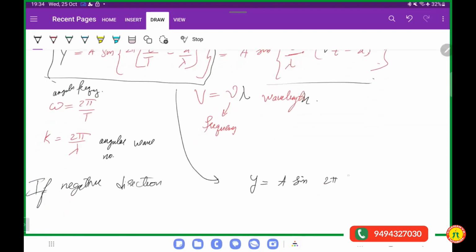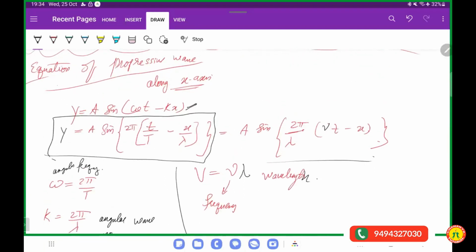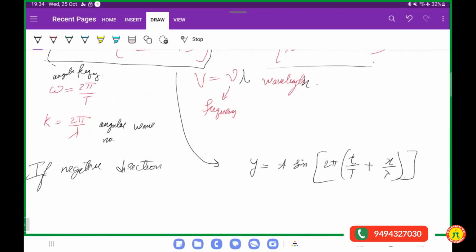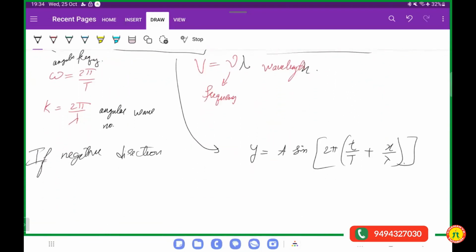So it will become t by T plus x by lambda. So you can guess here, it will be a sine(omega t plus kx). Instead of minus, it will become plus if it is moving in the negative direction.